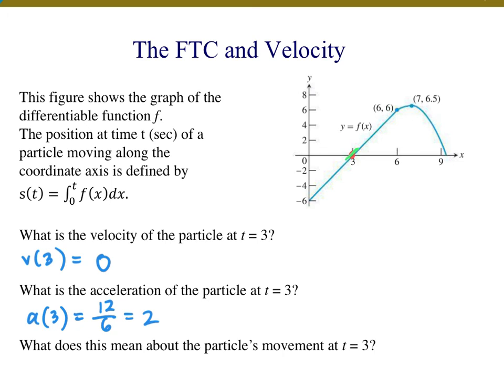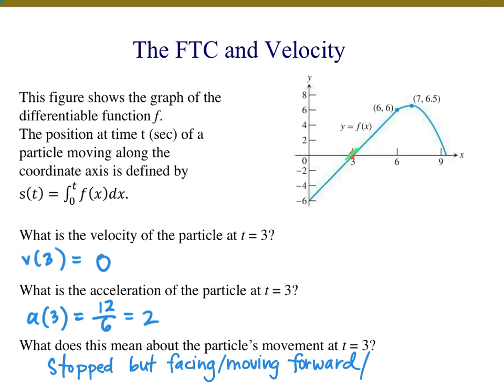So it's stopped, but in the process of moving forward. We could say maybe facing or moving forward. And it's also going to be getting faster, speeding up. Let's use those words since we've been using those before.